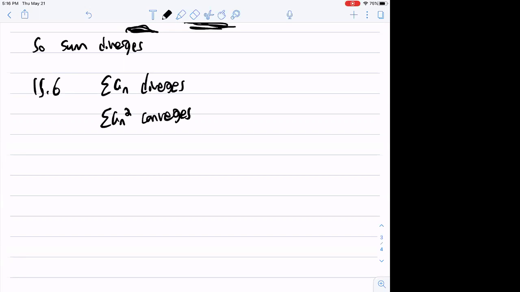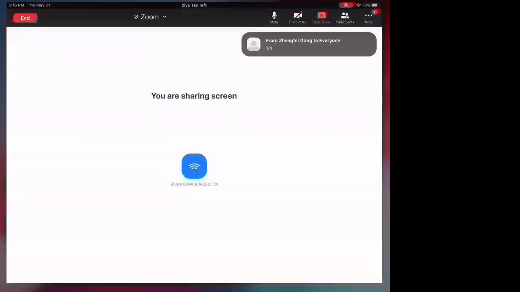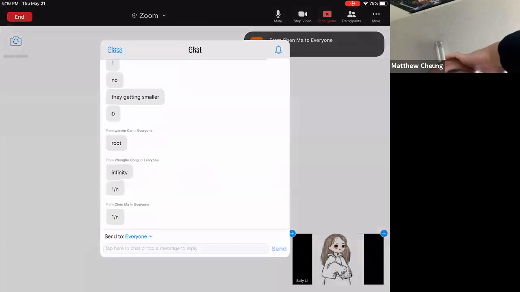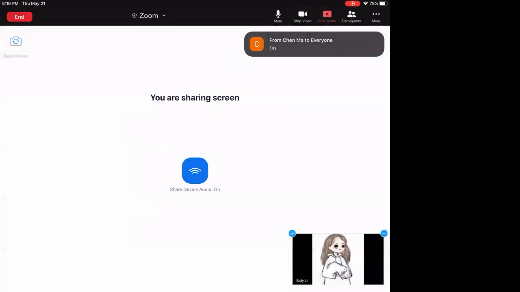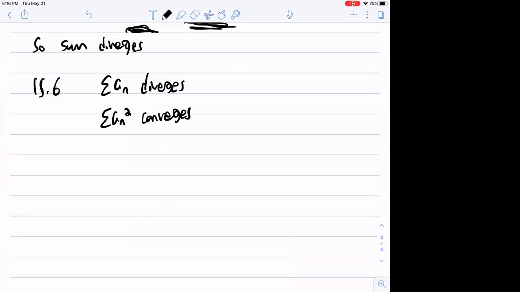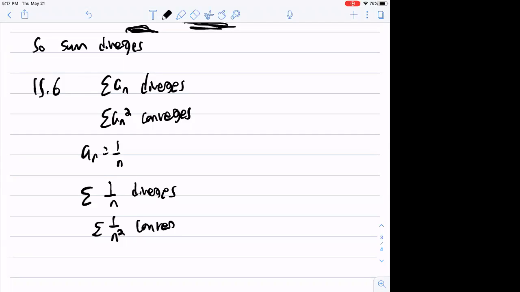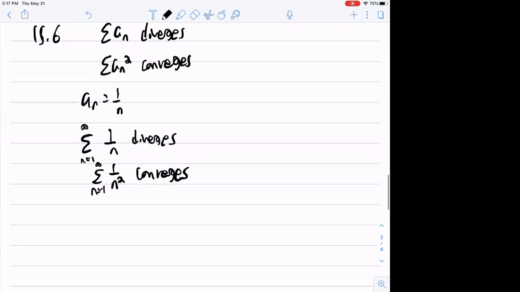They want an example of an, pretty much. Yeah, 1 over n, right? Sum of 1 over n diverges, but sum of 1 over n squared converges. Of course, I'm doing 1 to infinity. So this is part A.